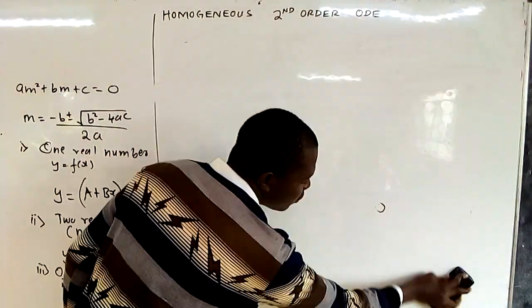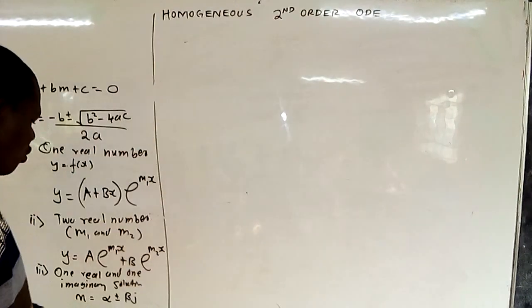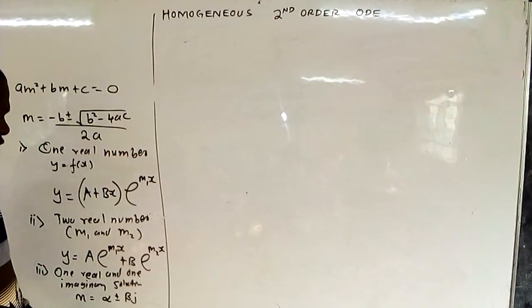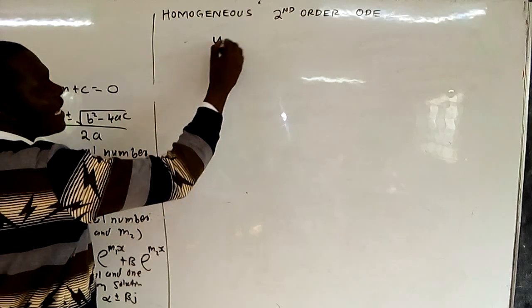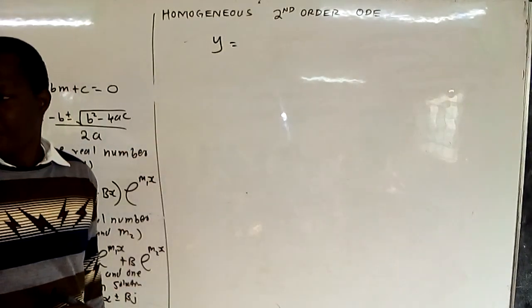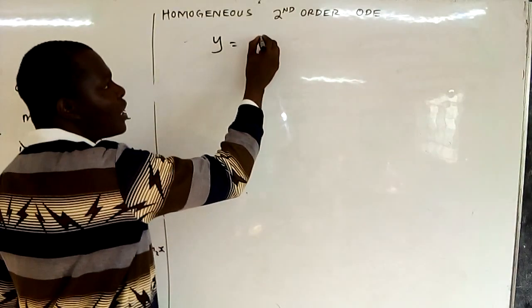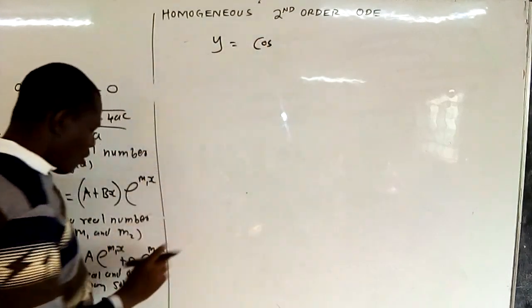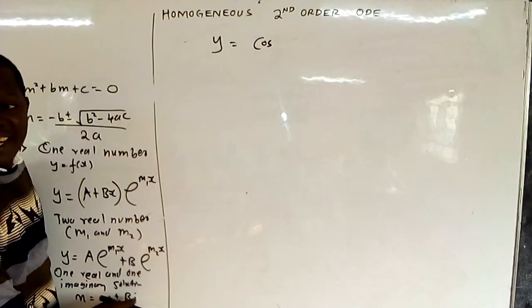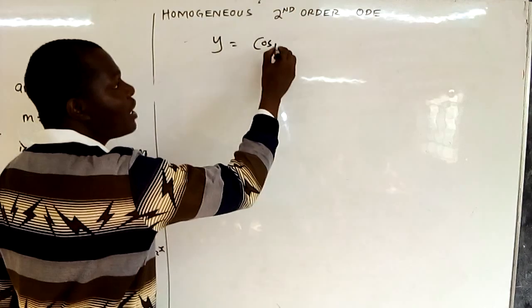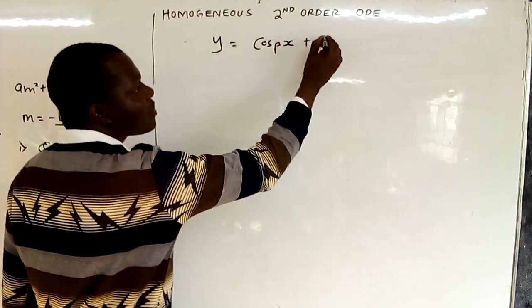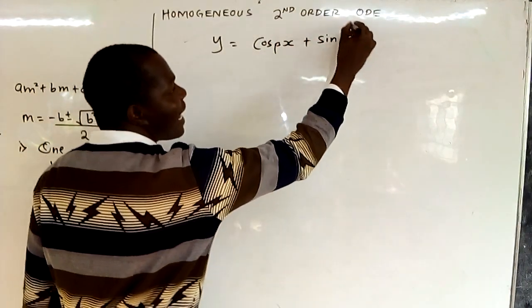If you have one real and one imaginary, then y is simply going to be what? It's going to be cos of the imaginary. Imaginary is beta, isn't it? So it is going to be cos beta x plus sin beta x.